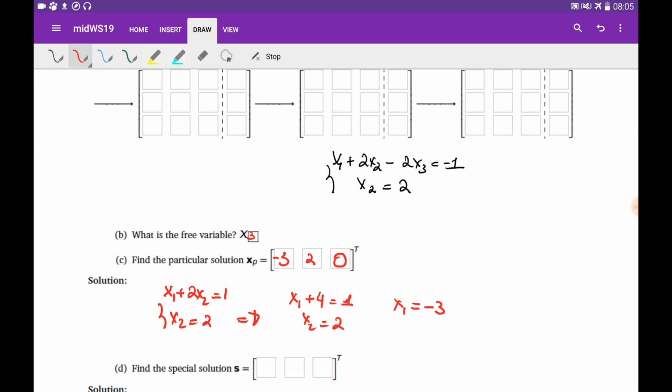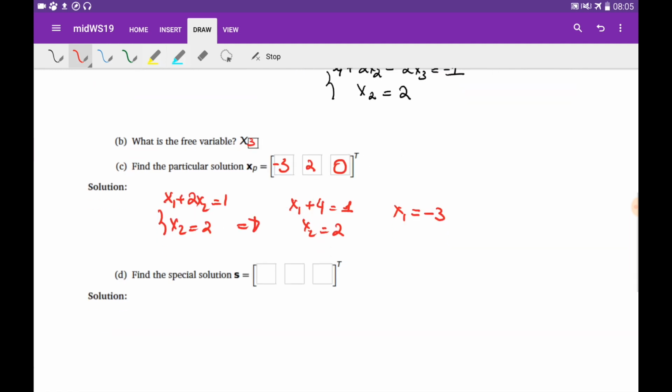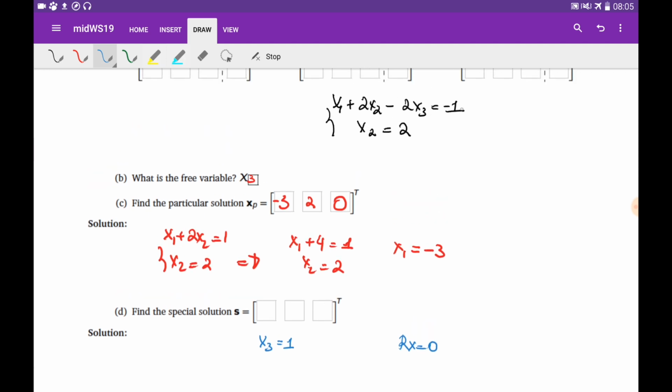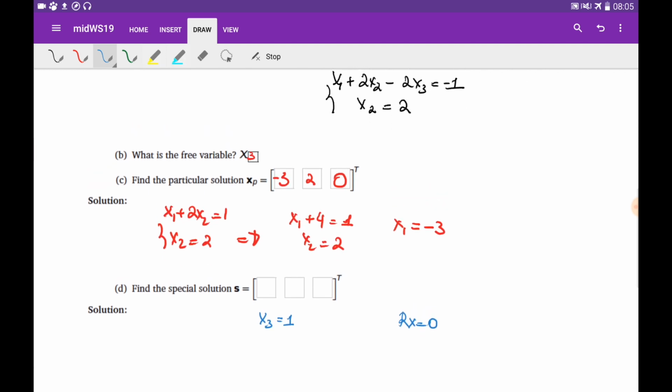Since we have only one free variable, we're going to have only one special solution. In order to find a special solution, we set x3 to be equal to 1, and we solve Ax is equal to 0. So we basically solve the system where the right hand sides are simply 0.